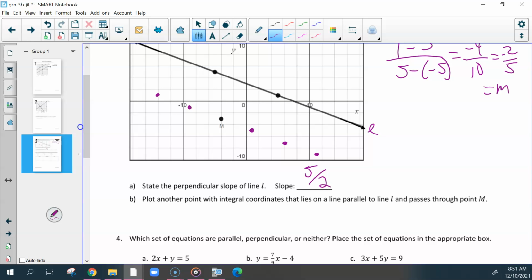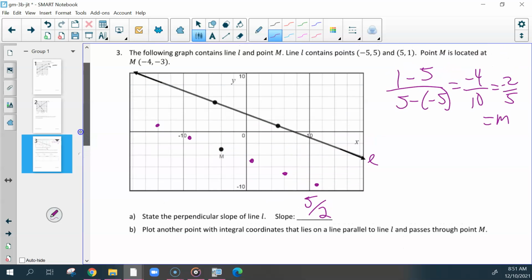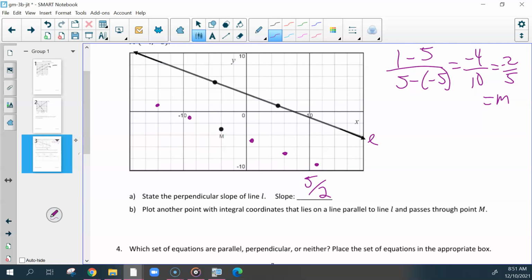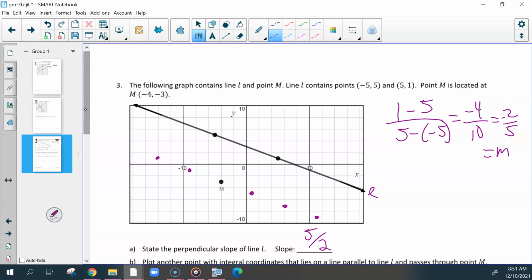Any one of those would be the answer to B. But what I was going to say is, if you find the equation of this line that goes through this point, so you have your slope, you have your point, write the equation of that line, and then once you draw your line, you could see which points go through the grid lines exactly.